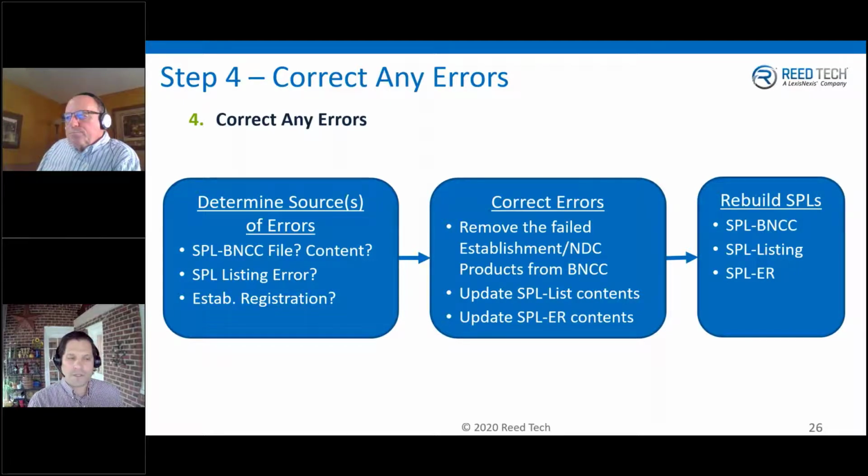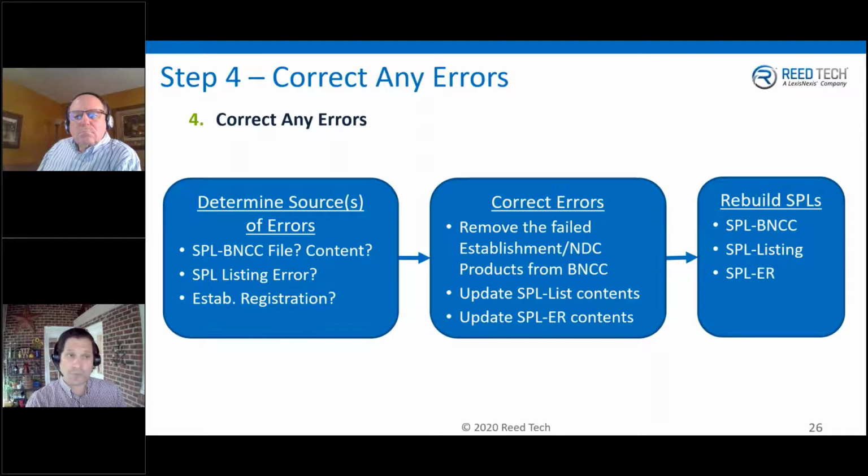and then correcting them, right? Will fixing it be a matter of adjusting our blanket no change certification file, or do we actually have to update drug listings? So if it's, you just needed to update the facility, make sure that your manufacturing facility has been updated. Now everything will pass. It may be it was an error with the listing.